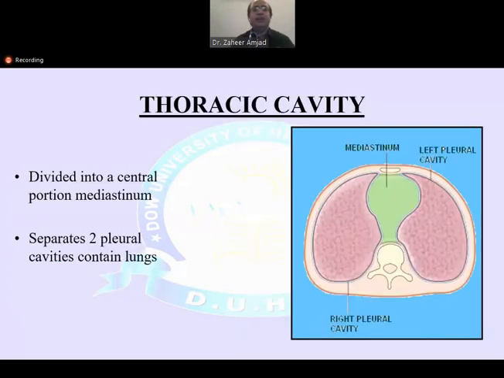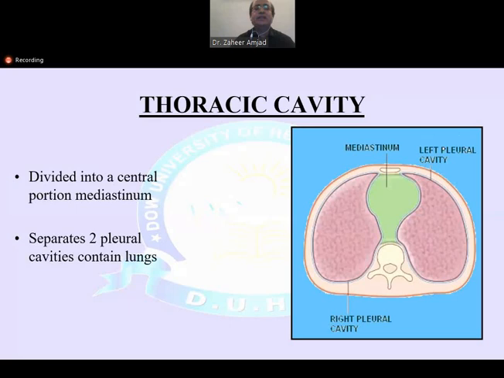The cavity of the thorax, as I told you before, is divided into a central mediastinum and the pleural cavity on either side. The pleural cavities on either side actually cover the lungs, right? Whatever space is left by the lungs, that is occupied by the mediastinum.